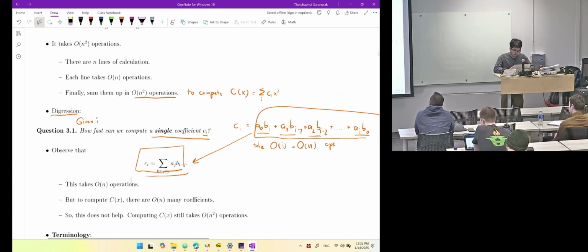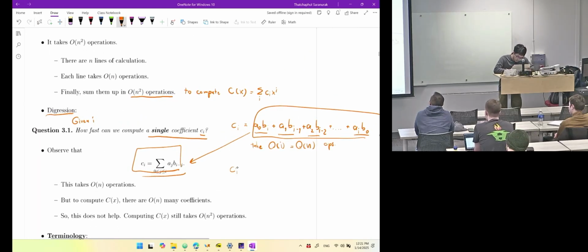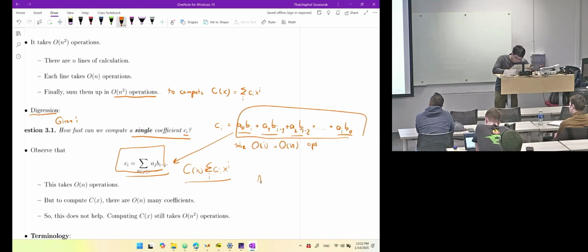Ci is the coefficient of x to the i in C. This is your polynomial C. Now if you have A, which looks like a0, a1 x, a2 x squared, up to an x to the n, and B looks like this.